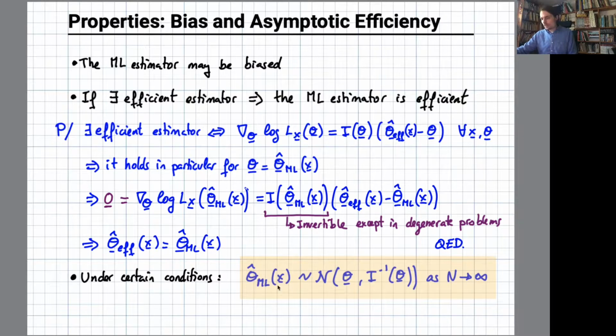So for the maximum likelihood estimator, here there's a missing underscore, by the way, the asymptotic distribution, as the number of samples goes to infinity, is normal with mean the true parameter, okay, and covariance, precisely the Cramer-Rao lower bound, right? So this is also a very strong result.